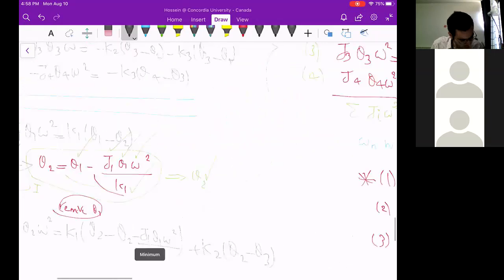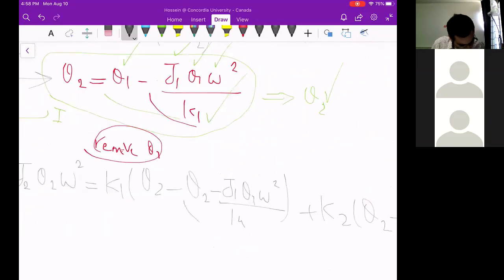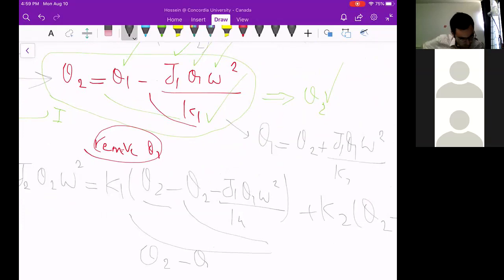Here, theta 1 is theta 2 plus J1 theta 1 omega squared over K1, so just plug in here.